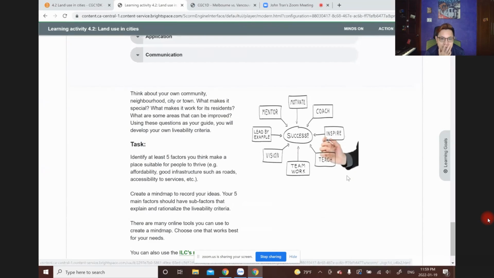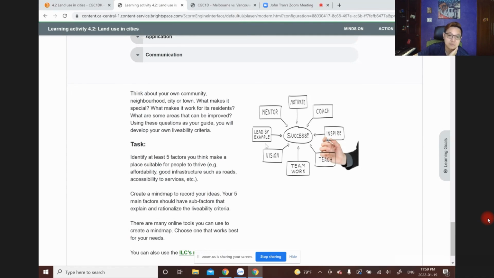Just think about your own community, neighborhood, city, or town. What makes it special? What makes it work for its residents? What are some areas that can be improved? Using these questions as your guide, you will develop your own livability criteria.